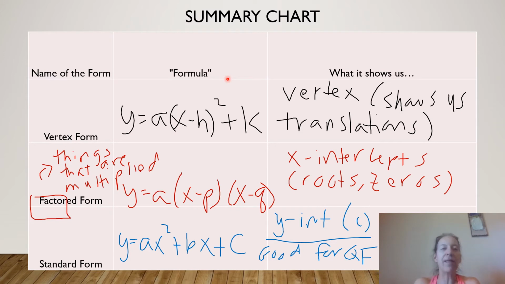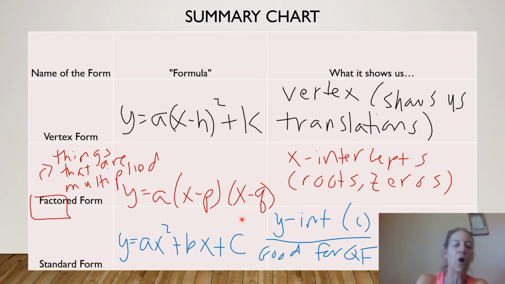So that's something that this section kind of assumes that you already know how to do, which is not really a safe assumption. Some of the processes that you need to be able to do this are algebra 2 skills. So I don't really think it's safe to assume you know how to go from vertex form to standard form, or from standard form to factored form, or factored form to standard form.